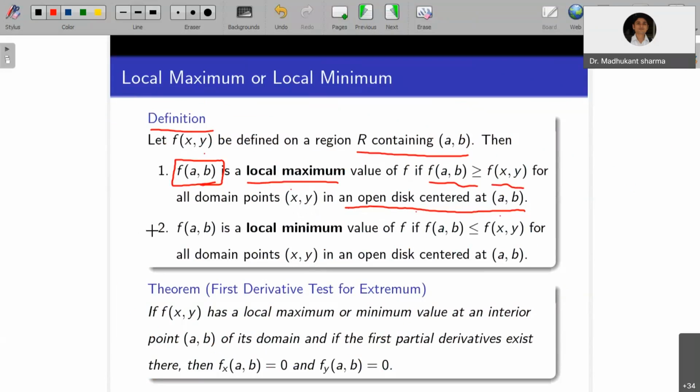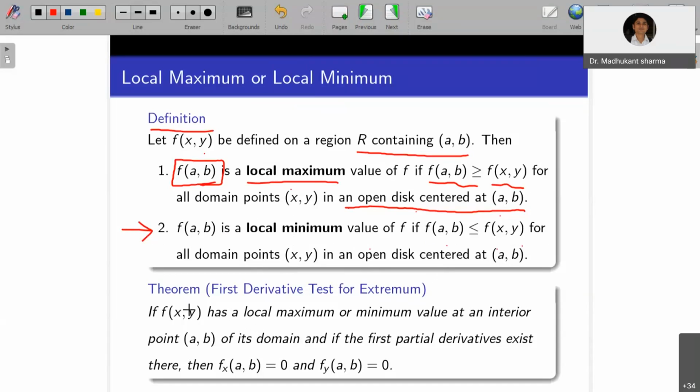Similarly, you can talk about the local minimum. f of a comma b is the local minimum value of f if f of a b is less than or equal to f of x y for all domain points x y in an open disk centered at a b. I think it is now self-explained. Now, as previously mentioned, the interior extremum theorem can be extended to functions of two variables or three variables and so on in a similar fashion.